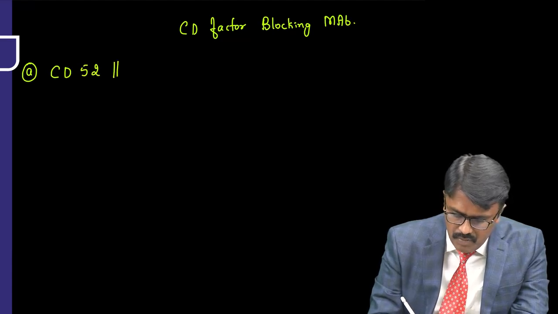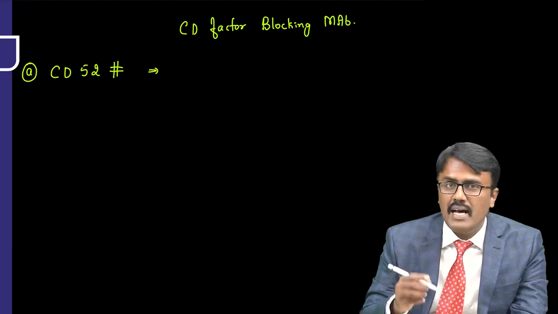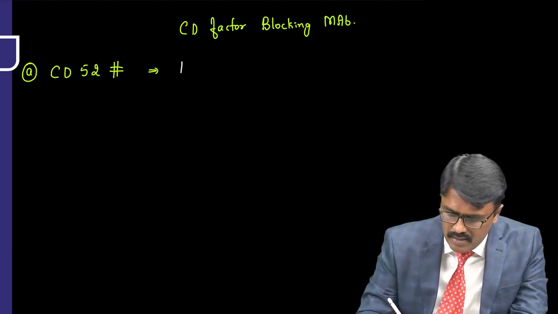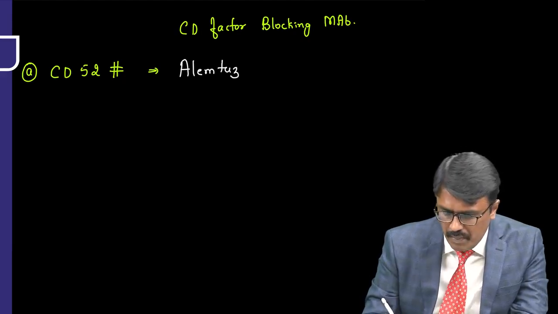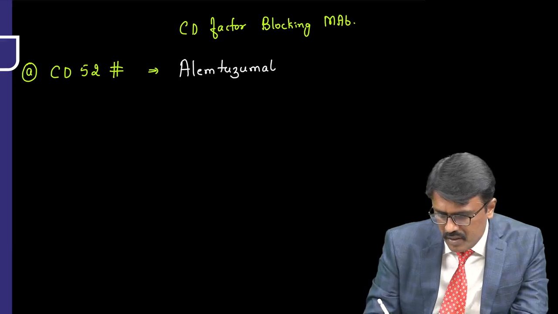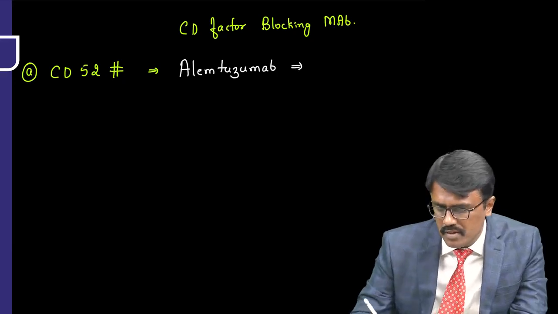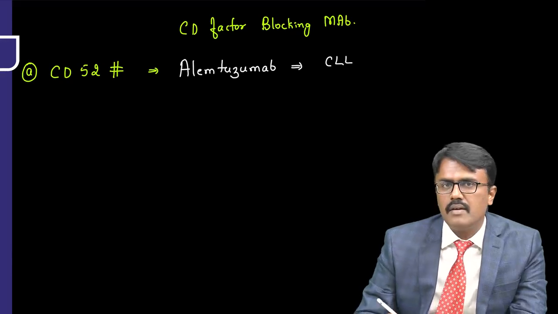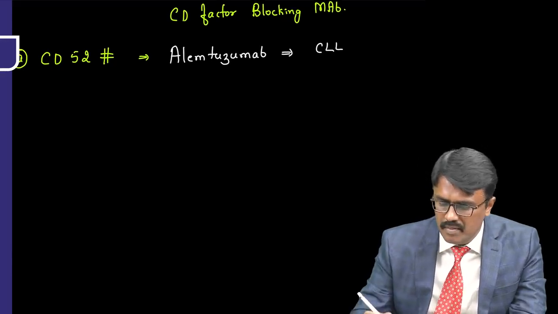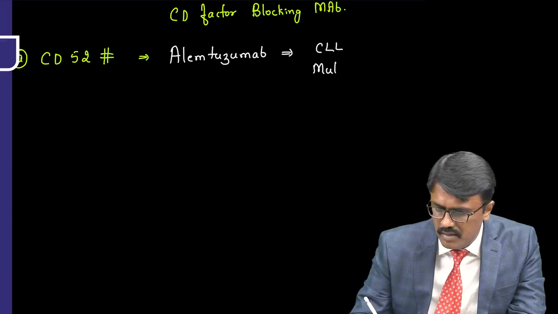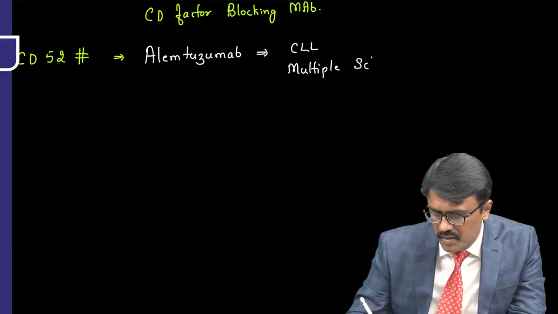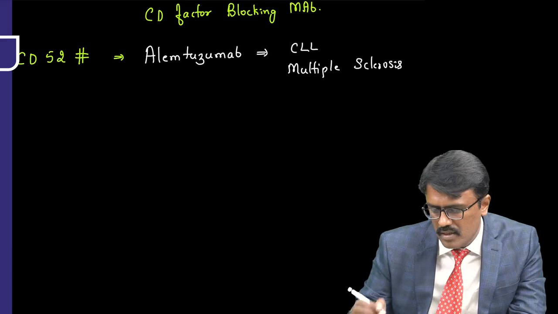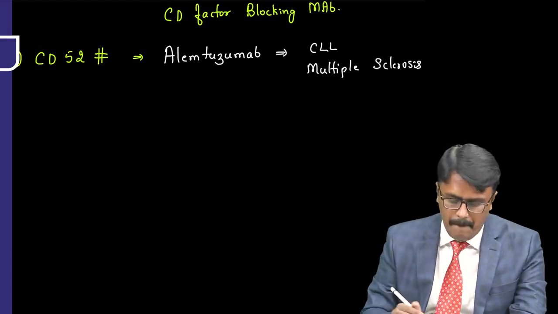The CD52 blocker MAB is called alemtuzumab. Now where do you use this? It is used in CLL. It is a tumor, but it is also being tried in multiple sclerosis. Not a cancer, but it is also used in multiple sclerosis.